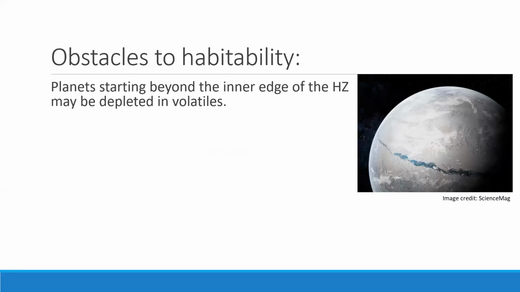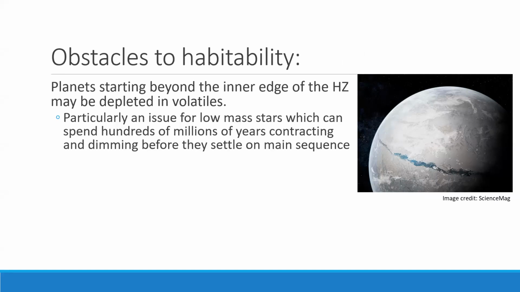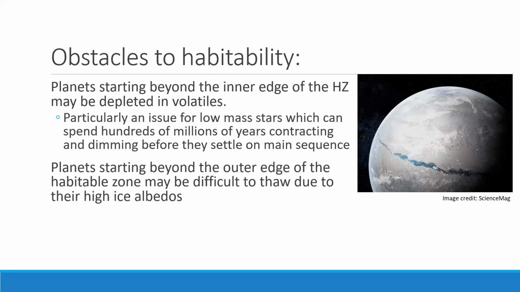So these belatedly habitable planets may have several obstacles to habitability. Planets starting beyond the inner edge of the habitable zone may enter the habitable zone after they've already been depleted in volatiles. This is particularly an issue for low mass stars, which spend potentially hundreds of millions of years contracting and dimming before they settle onto the main sequence.